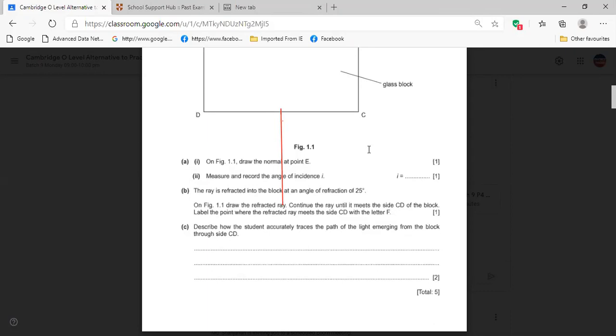Yes, sir. So what you'll write: place optical pins on the emergent ray, and then the second point is draw a line joining the marks, that is pinholes.